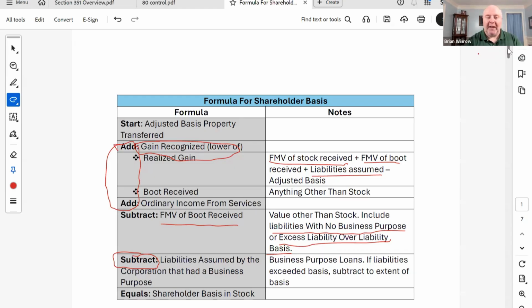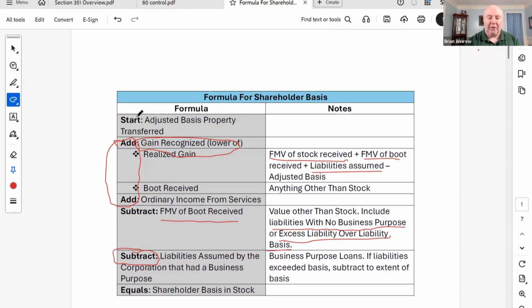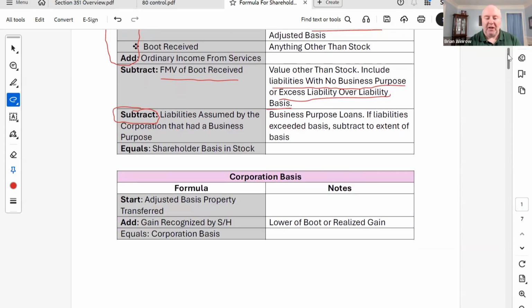And then for the corporation's basis, it's easy. We start out with the adjusted basis of the property transferred. Okay, that's the starting point for us on the shareholder's basis as well. So once we've calculated the shareholder's basis, we know this amount is the starting place for corporations as well for the corporate basis in the property that they're receiving.